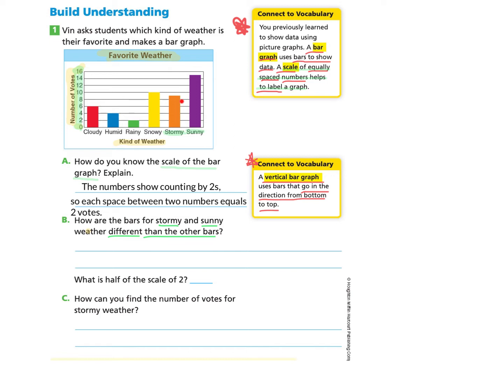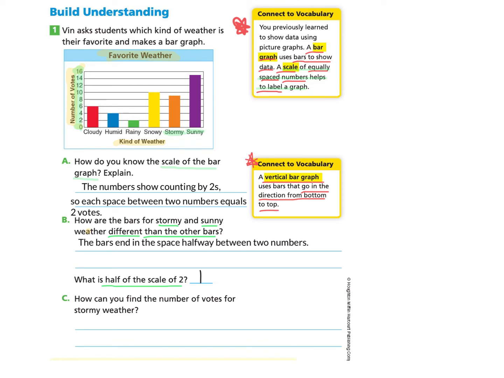Here's stormy, doesn't quite reach 10, and here's sunny, and that doesn't quite reach 16. So what I'm noticing is that the bars end in the space halfway between two numbers. So we're going to look at the next question that asks, well, what is half of the scale of 2? And we can answer that half of 2 is 1.